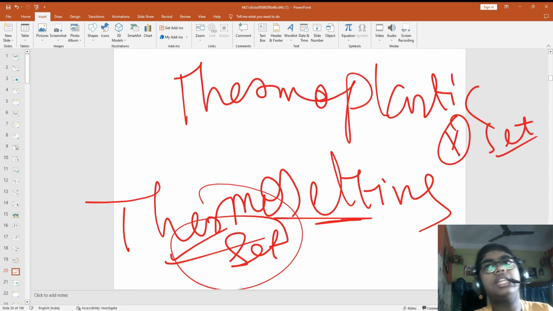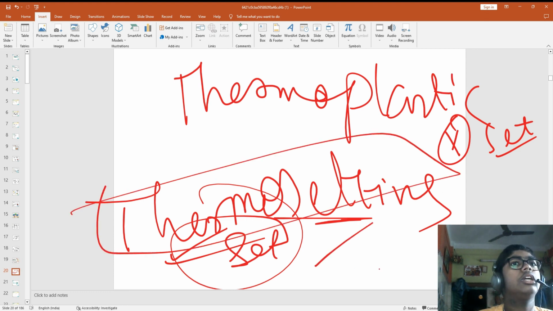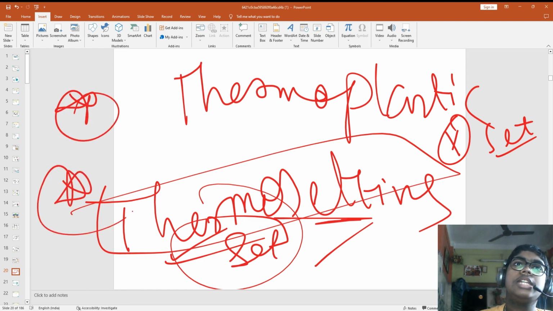In thermoplastic there is no word set, which means it can be deformed on heating. But in thermosetting there is the word set. This means that once it is set or molded, it cannot be deformed. Understood how to remember? If you see the word set, it cannot be deformed.